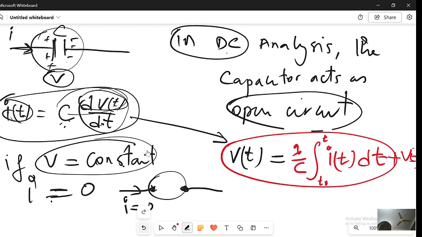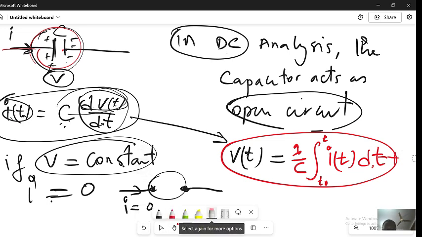Why? Because the capacitor can have voltage initially, before the current starts flowing. Let's say at t equals t0 it has a voltage that I have to add. That's why I add plus v(t0).